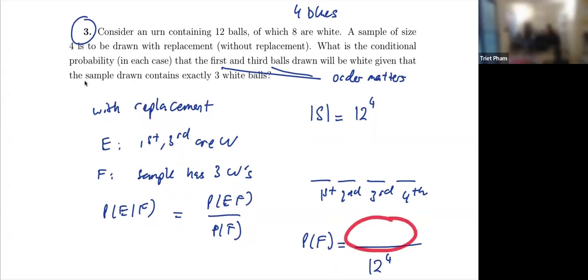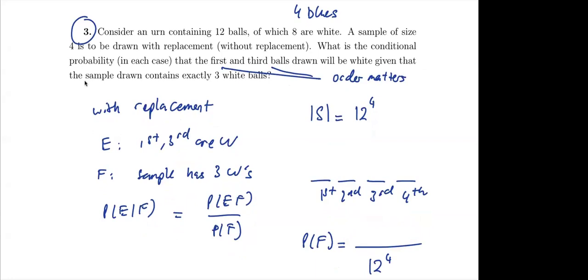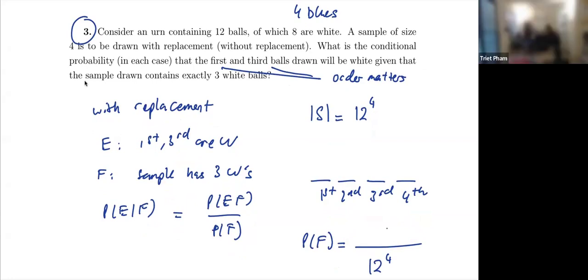But what's the numerator? 8 to the third times 4. That's missing one thing. 8 to the third times 4 is the good.